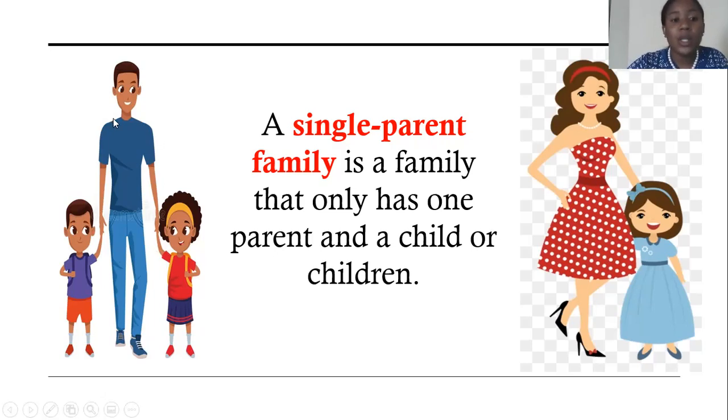So they all are labeled single parent families. And we call it a single parent family because it has one parent, single, one. So it has one parent in this family, and it can have a child or children, more than one child.